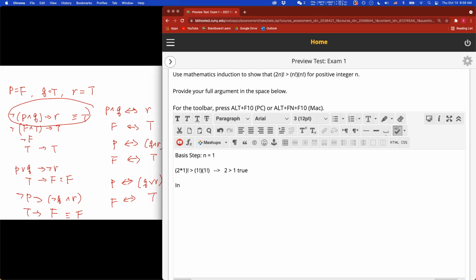Then we move on to the inductive step. So the first thing in the inductive step, you will make the inductive hypothesis, which you will assume 2k factorial is greater than k factorial times k factorial, for k a positive integer, so for k greater than or equal to 1.